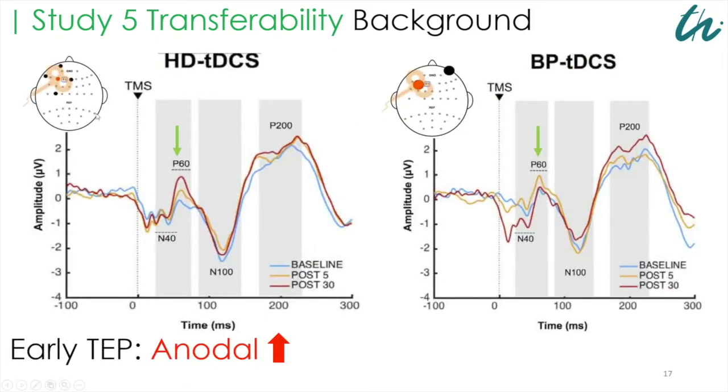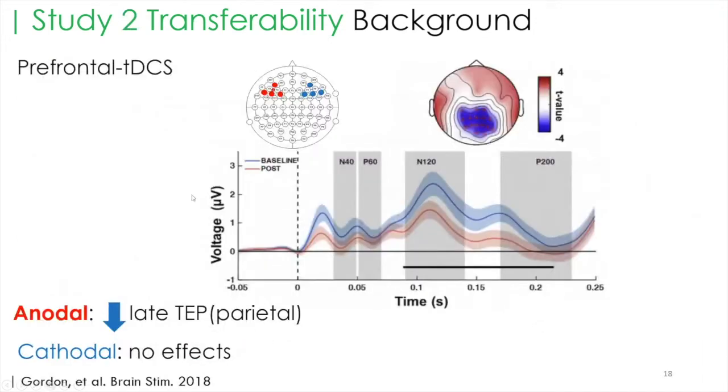And over the prefrontal cortex, as shown here, anodal showed enhancement of early TEPs, while in another study over the prefrontal cortex with a slightly different electrode configuration, anodal just showed a reduction of late TEPs, around 120 to 200 milliseconds after TMS, and cathodal tDCS had no effect.